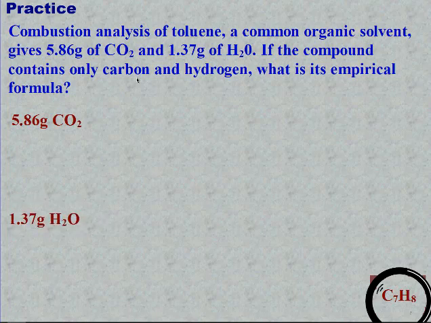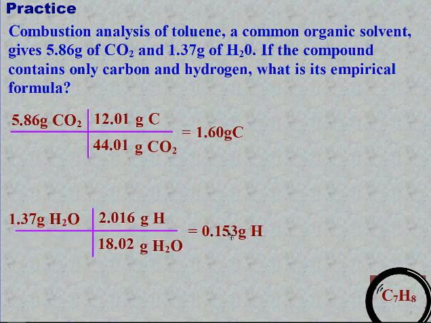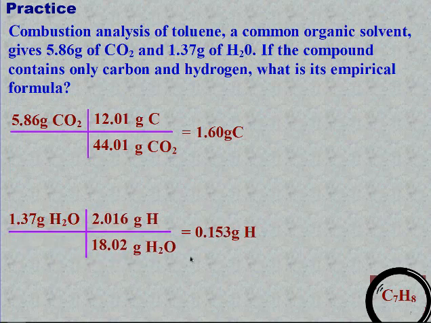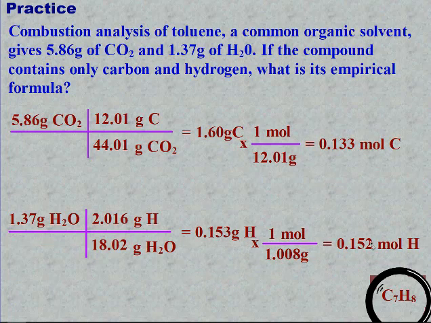Just like the last problem, we only had 2 elements, carbon and hydrogen. First, we find our mass of carbon and then our mass of hydrogen. From this point, remember that we need to convert them both to moles, so we divide by molar mass. Then we convert our hydrogen to moles.